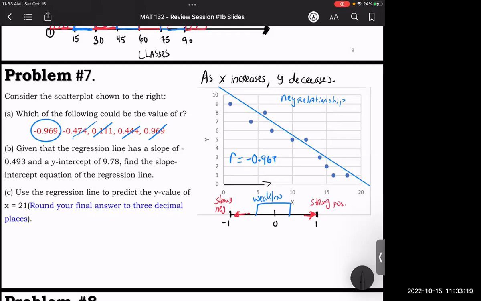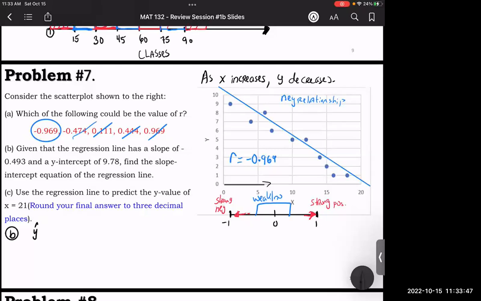All right. Let's look at part B. So part B, you now have to give, given that the regression line has a slope of 0.493 and a y-intercept of 9.78, the slope-intercept equation of the line. Right, so for part B, we use this formula.